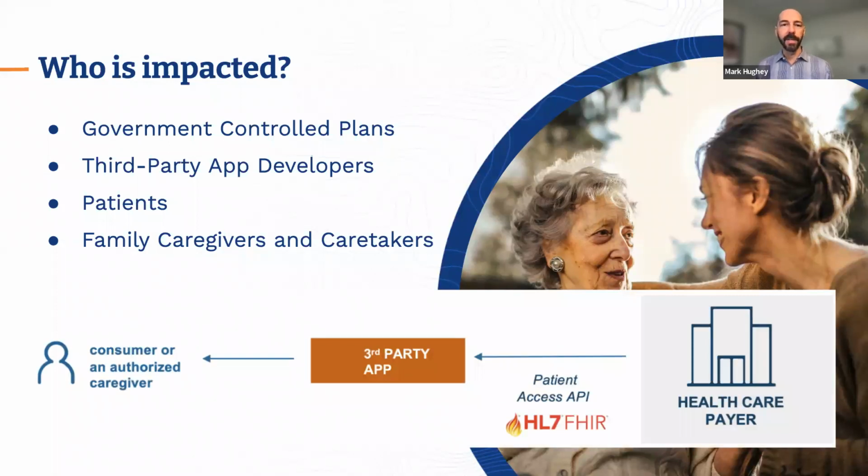This is actually a diagram that shows that creation of a third-party introduction into the system, and we're going to show you more information and detail some example apps in the marketplace that are utilizing this framework.